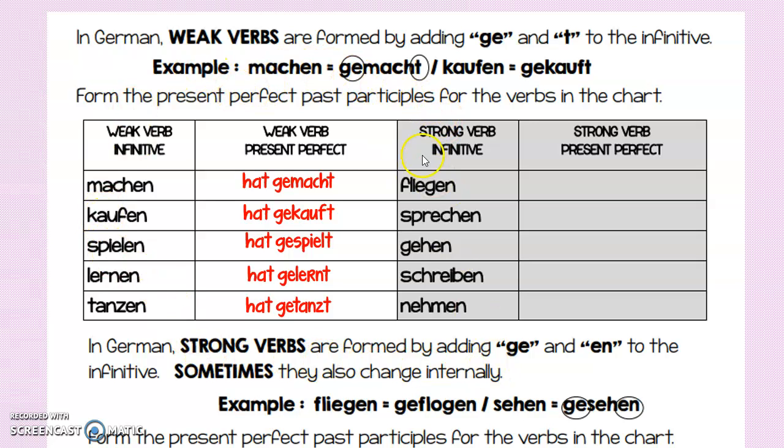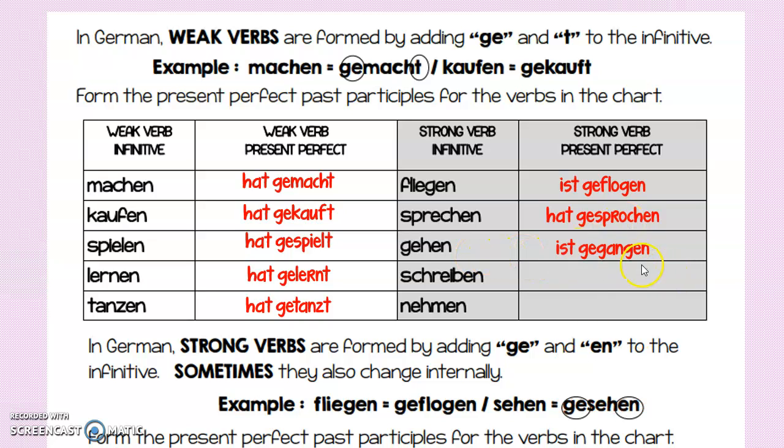Strong verbs are formed by adding ge at the front, and instead of a t, they add an en to the end. Sometimes they change internally. Sometimes they don't. So here's our example. Fliegen ist geflogen. We'll talk about this ist in a little bit. Sprechen, hat gesprochen. Ge at the front, en at the back, and this one does change internally.